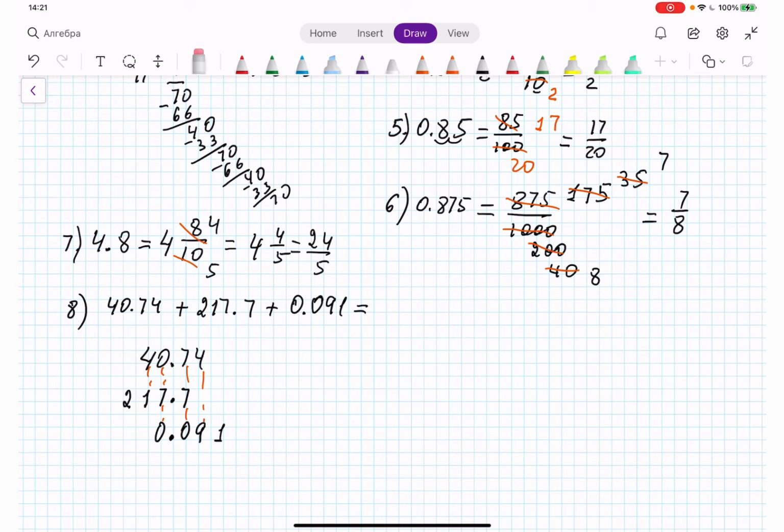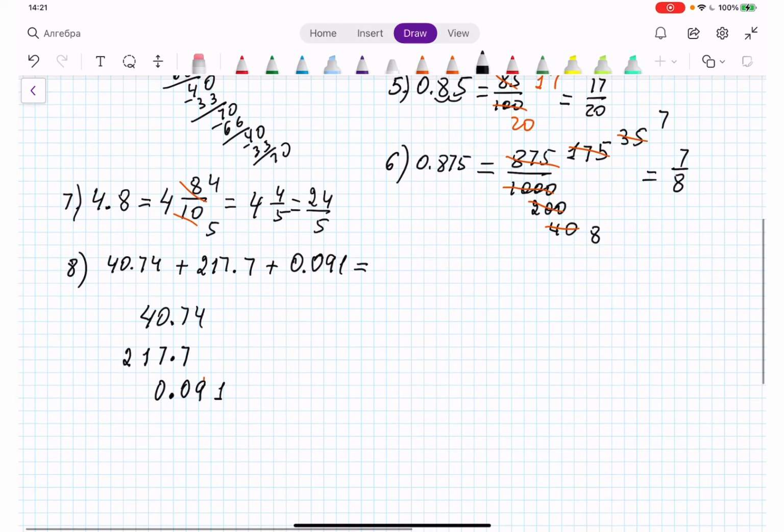Let me clean this. If you don't line up the proper way, then you will screw up the answer. You won't get the right answer. Okay, so 1, since there is nothing to add, it's 1. 4 plus 9, it's going to be 13, 1 in mind. 7 plus 7, 14, and 1 is going to be 15.